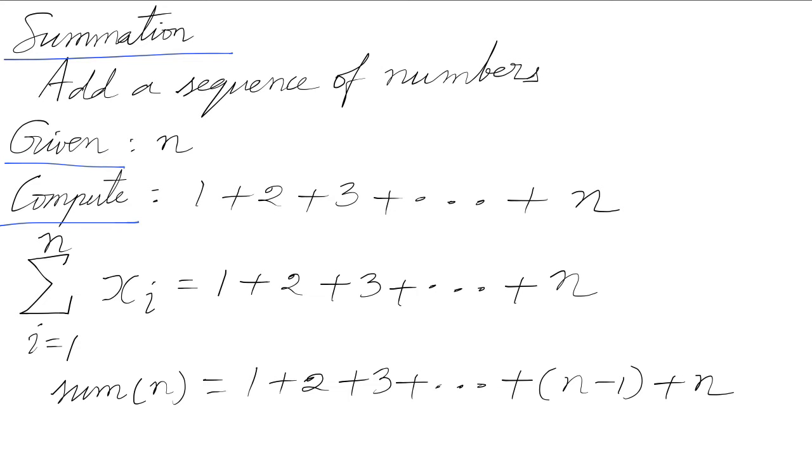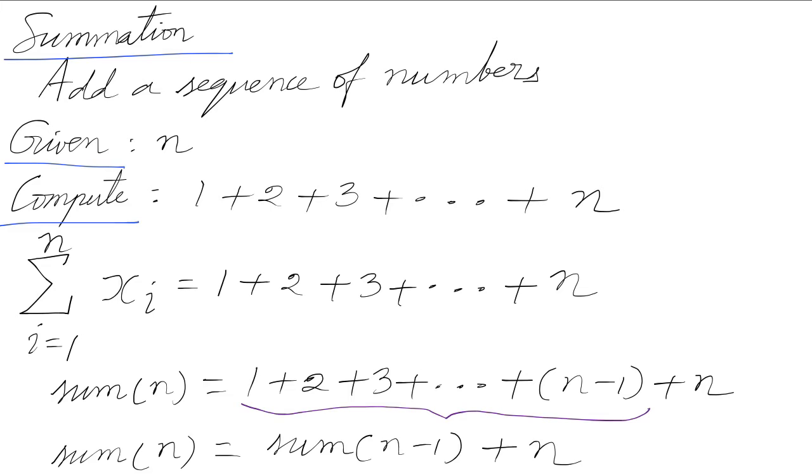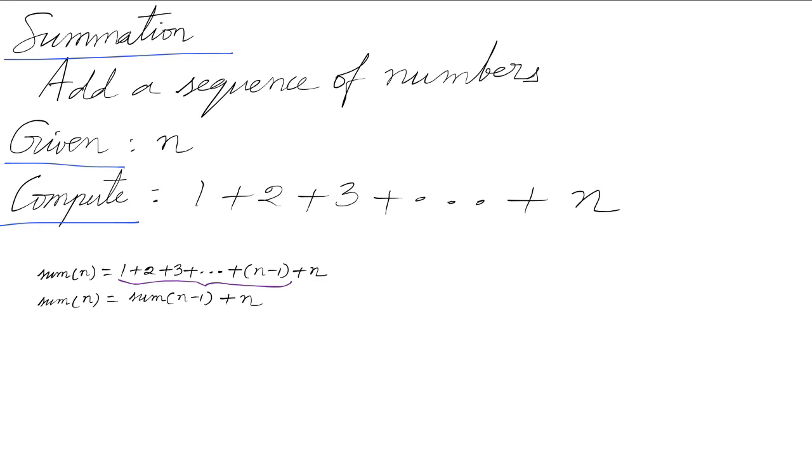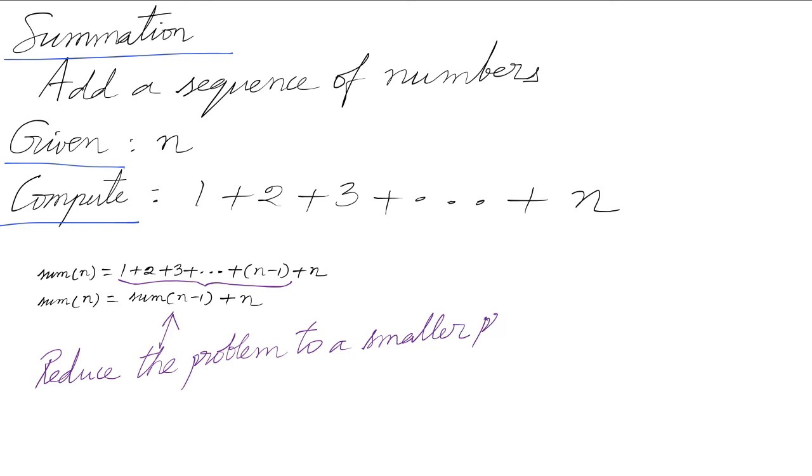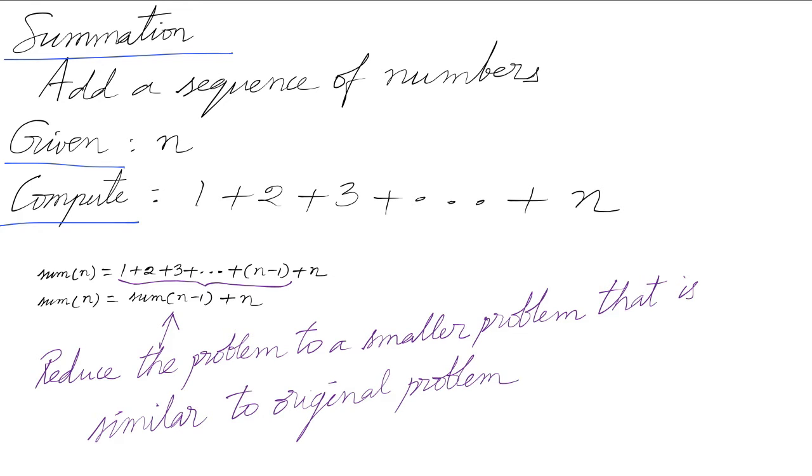We can expand this as sum of n equals these numbers up to n minus 1 plus n. This can be rewritten so that we reduce the problem to a smaller problem that is similar to the original problem.